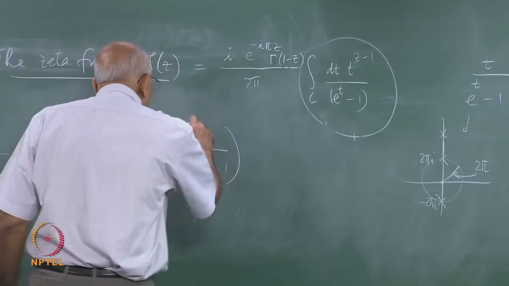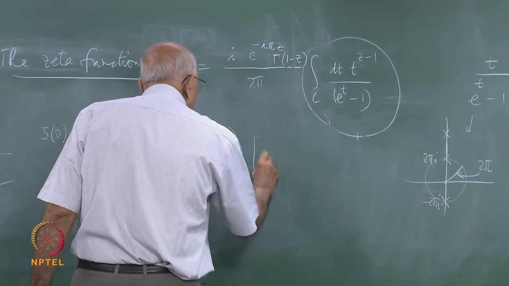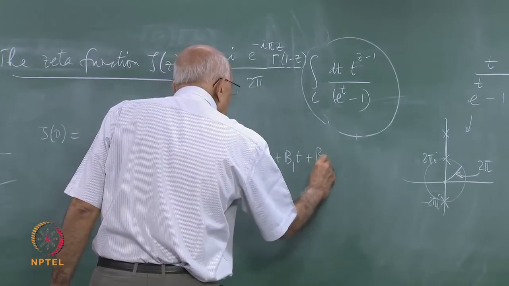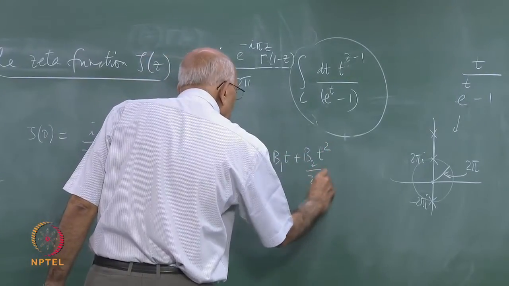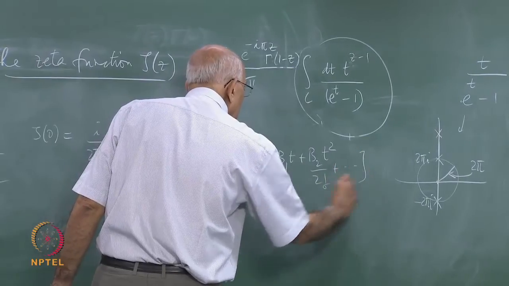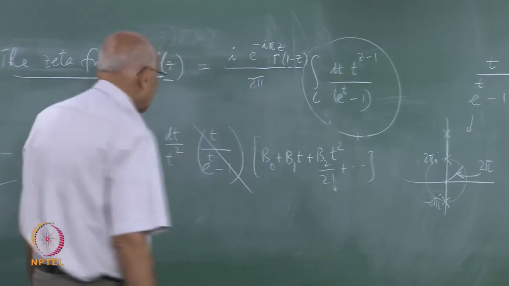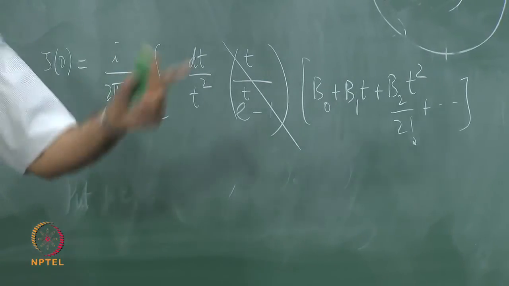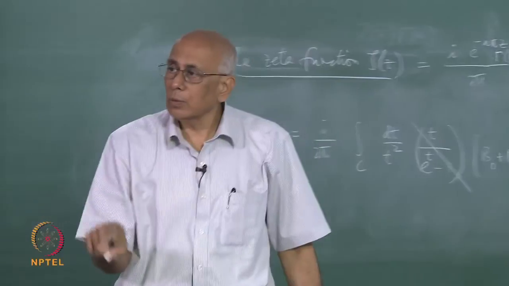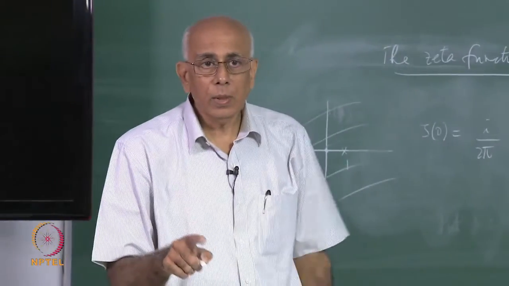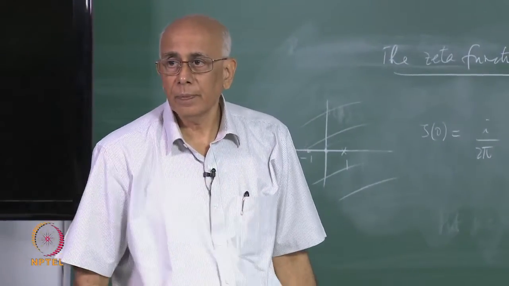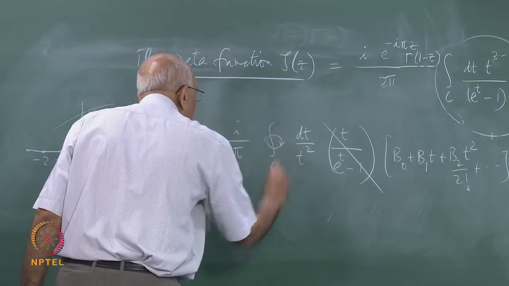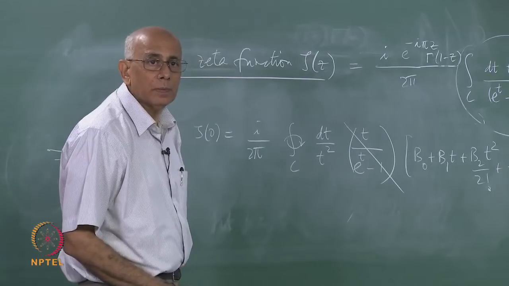So instead of that, let me write this as b0 plus b1 t plus b2 t squared over 2 factorial plus etc. And what is the contour now? Because there is no branch point, it is just a small circle round 0 in the negative sense. So the contour becomes this around the origin.